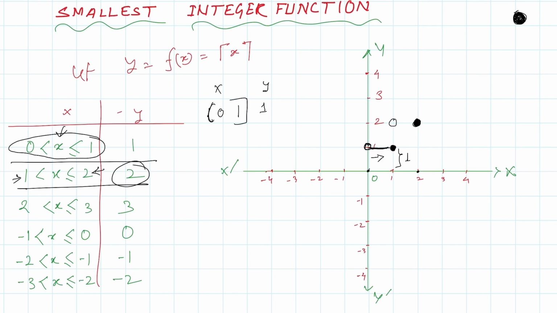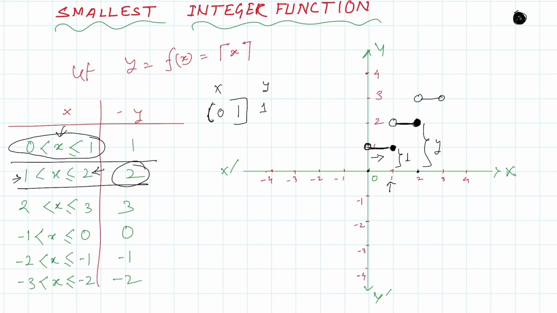So in this interval 1 is not included, 2 is included, and the value of y is equal to 2. Similarly we will get the graph like this.